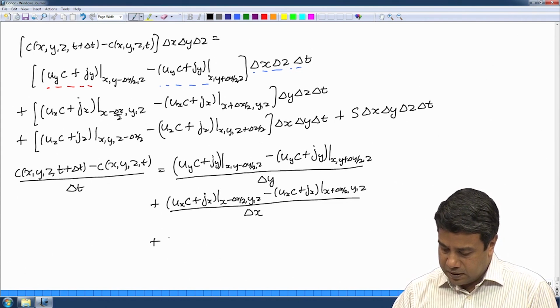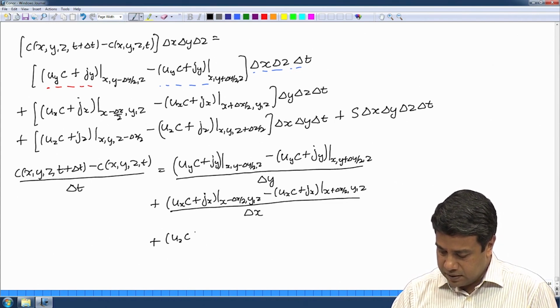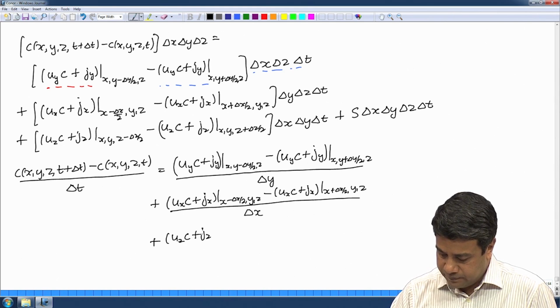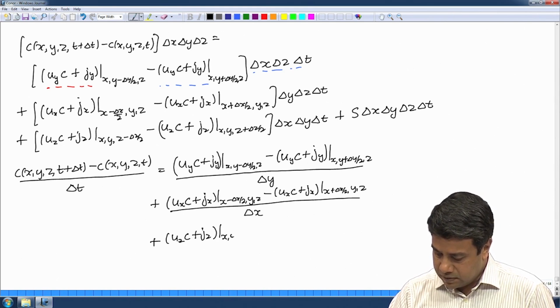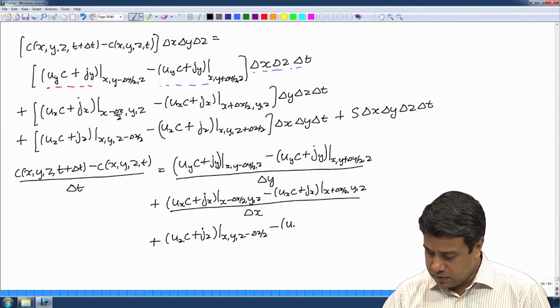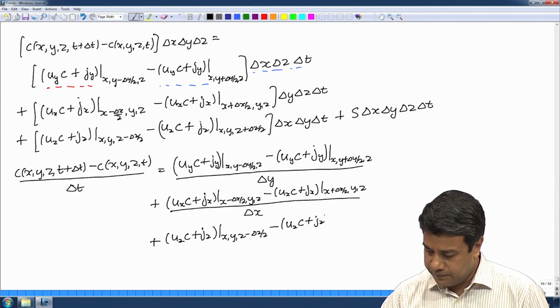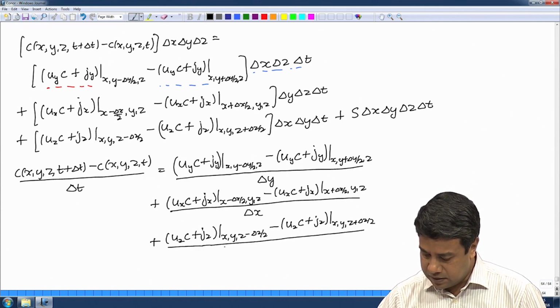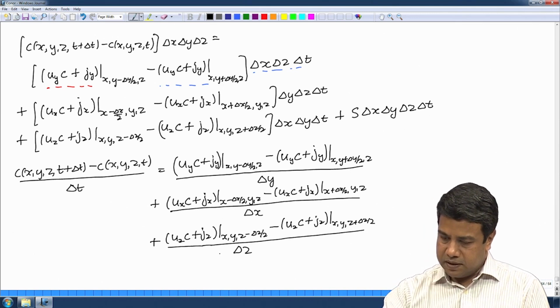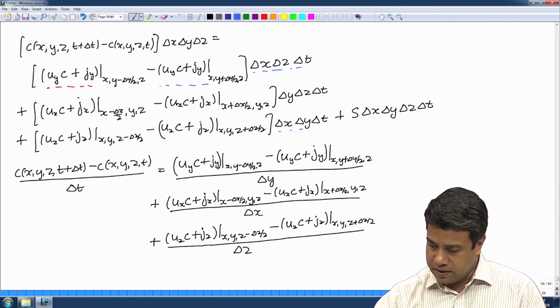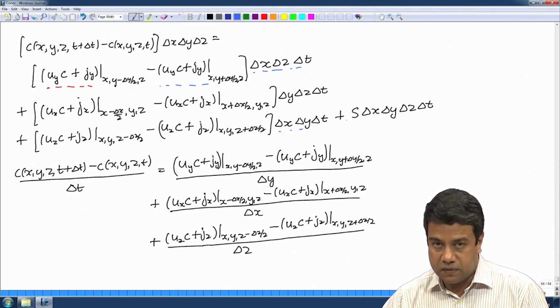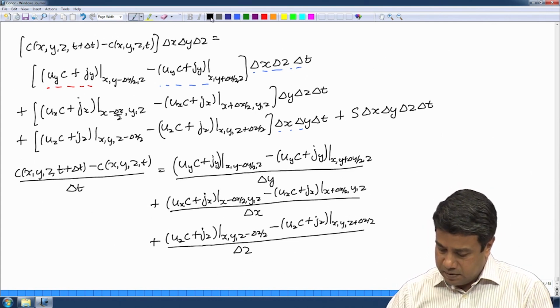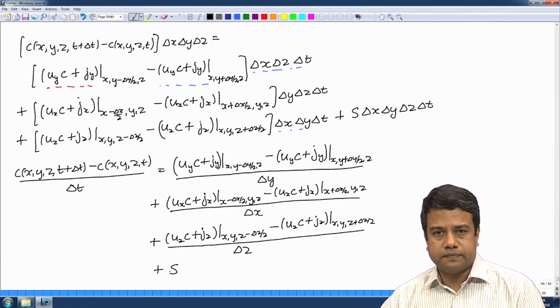And then in the z direction, you will get uz c plus jz at x, y, z minus delta z by 2 minus uz c plus jz at x, y, z plus delta z by 2. The whole thing divided by delta z. That is because here my area was delta x, delta y, and I was dividing throughout by volume, plus the source term.